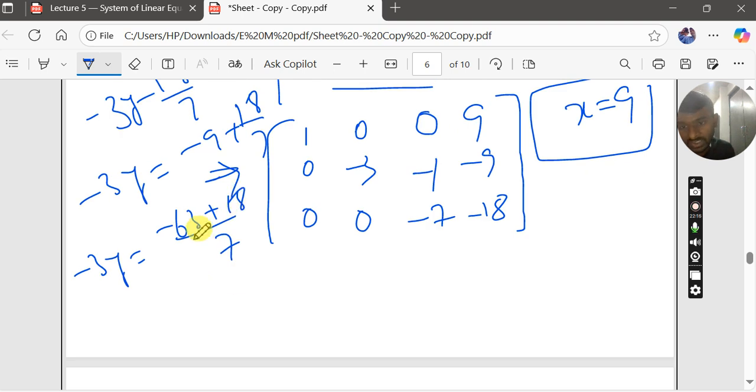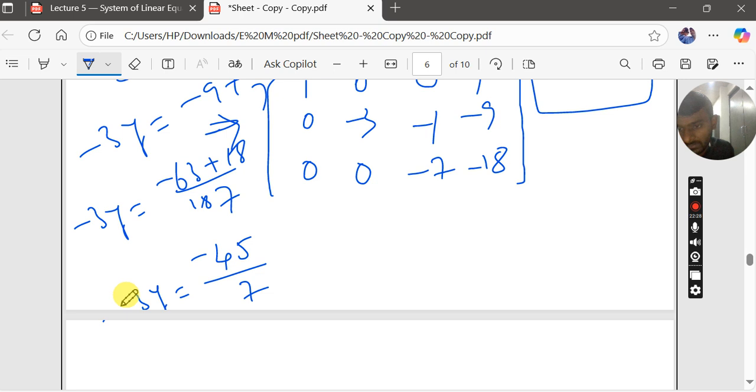So here what I will get is 63 minus 18, which is nothing but 45 by 7, so minus 3y equal to this much. So y is nothing but 15 by 7.